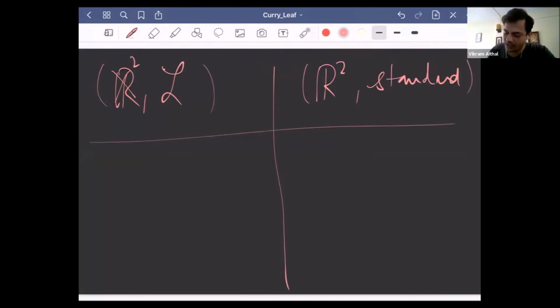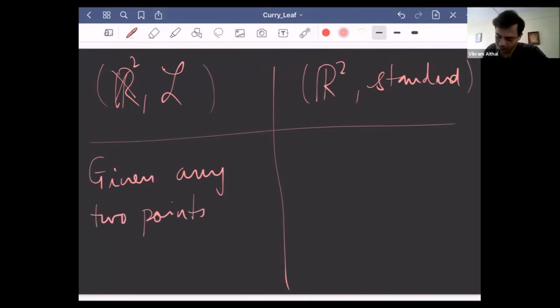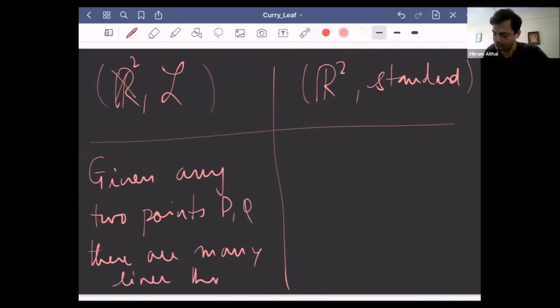So given any 2 points, there are many lines through P and Q. Does that happen in our standard example? Given any 2 points, can you find 2 lines passing through P and Q? No, right?